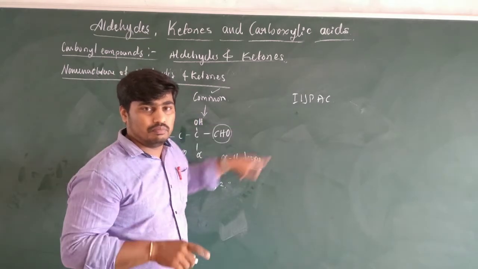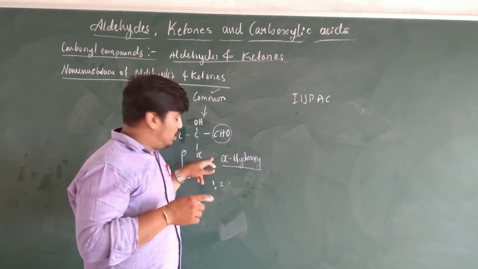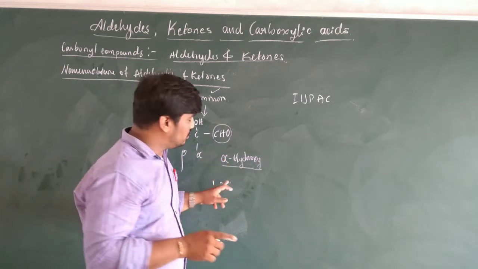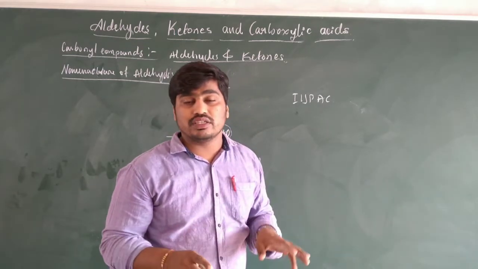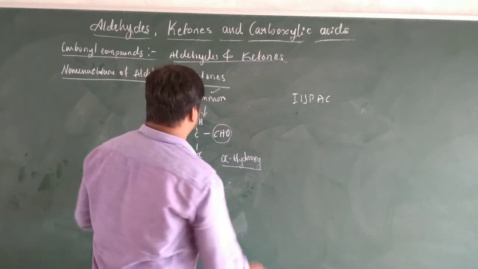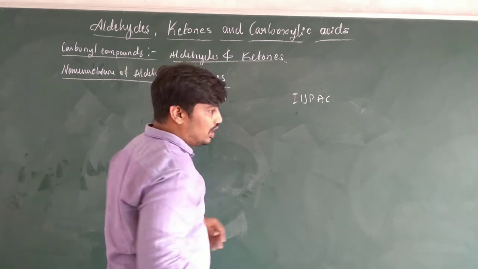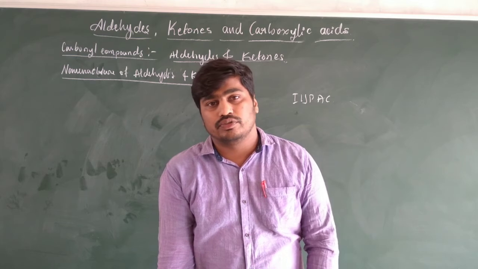In place of a number, during the common naming system we use alpha, beta, gamma notations. This part is the prefix of the common name. Please remember all these things. It is a very important thing during the nomenclature of aldehydes and ketones.